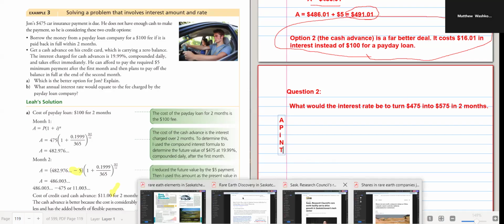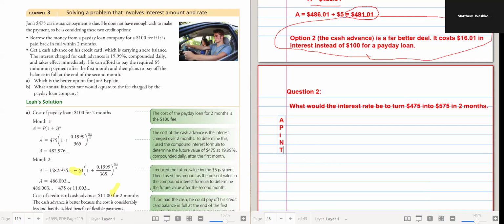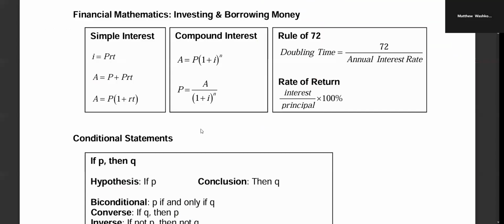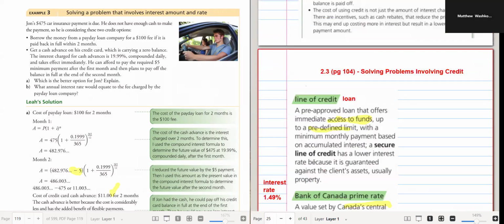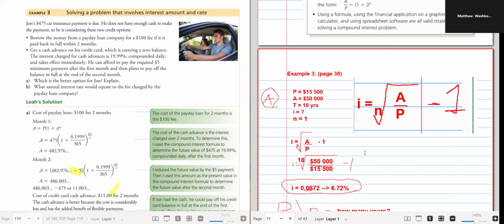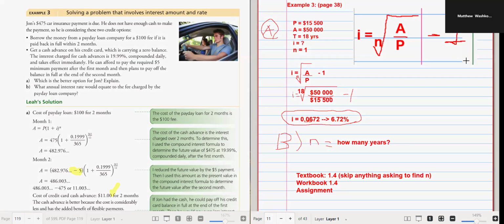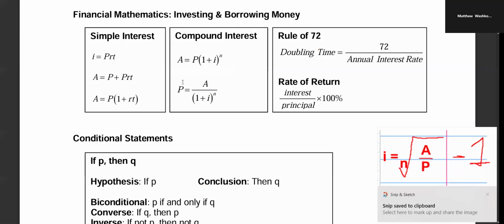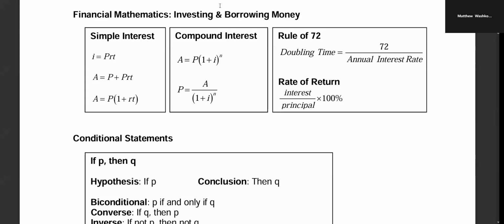So I go to my formula sheet. Oh, I don't have a compound interest formula for interest. Not on my formula sheet, which is why, if you guys remember, way back when I had you guys do this thing, you should go to your formula sheet and write that in, right?